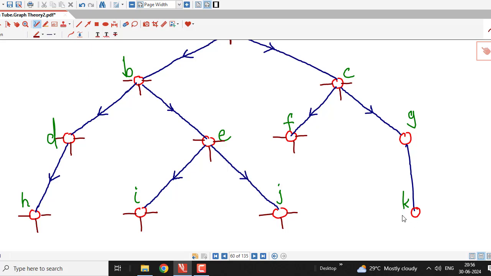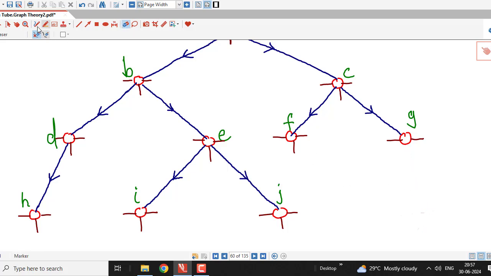First we mark these lines for each vertex. Here we have only one child of G, so instead of drawing this edge, we can draw this type of edge also.